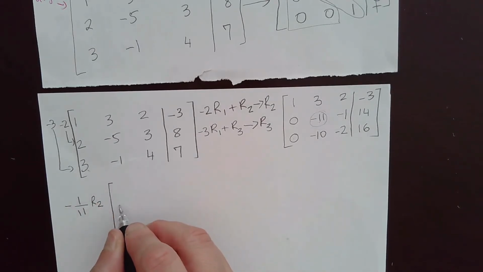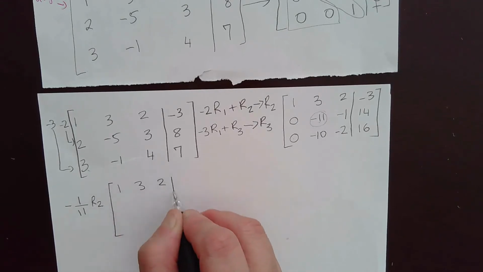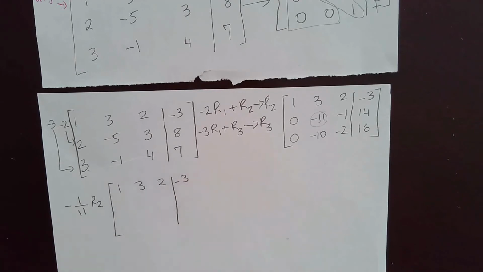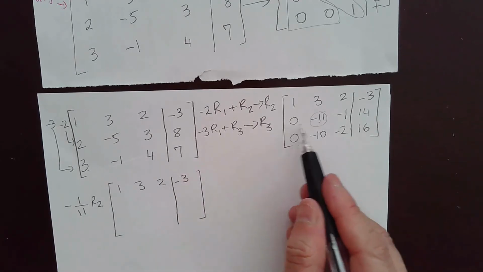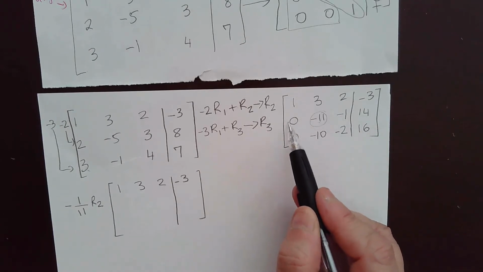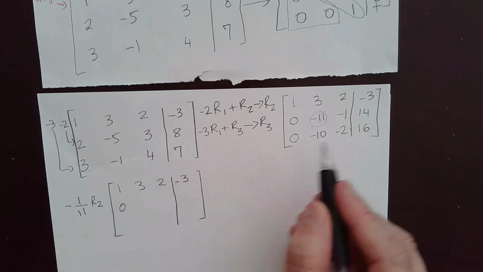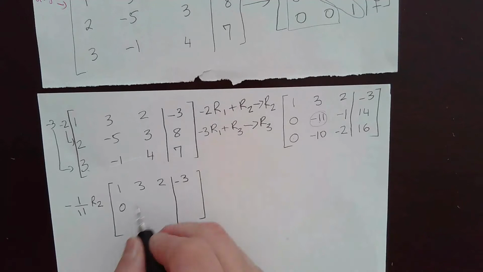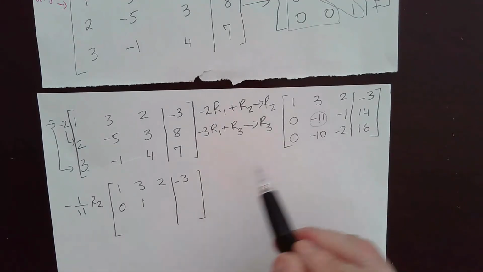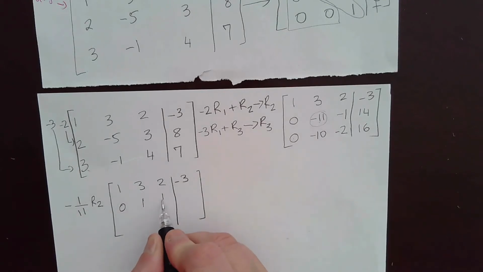we're not doing anything to row 1, so I'm going to write row 1 as is. Now multiply the second row by negative 1 over 11. It's not going to change this. It's going to stay 0. Negative 1 over 11 times negative 1, that's going to give me a positive 1. Negative 1 over 11 times negative 1, that's going to make it positive 1 over 11.